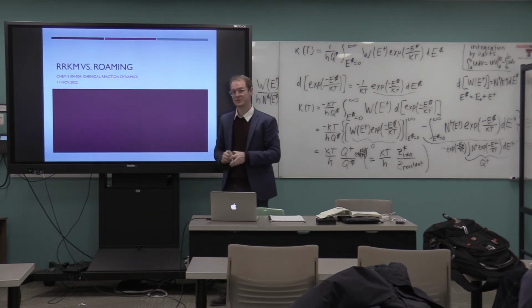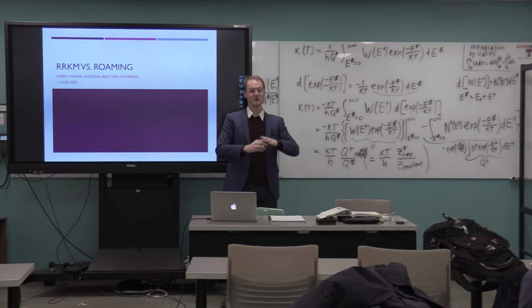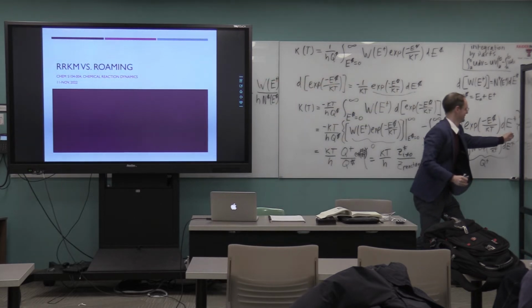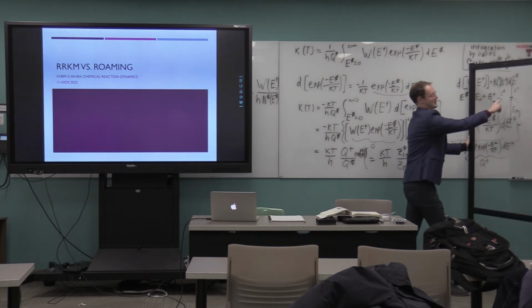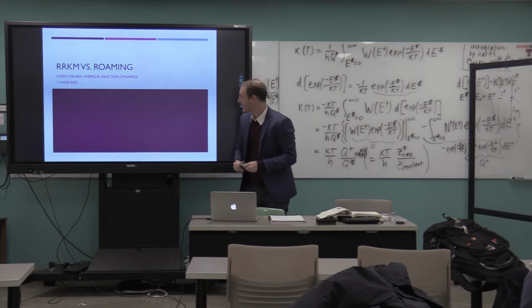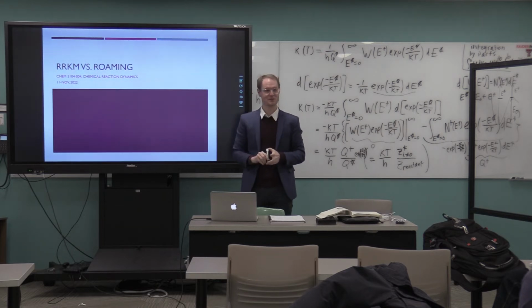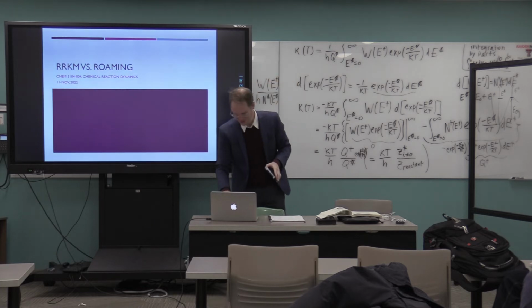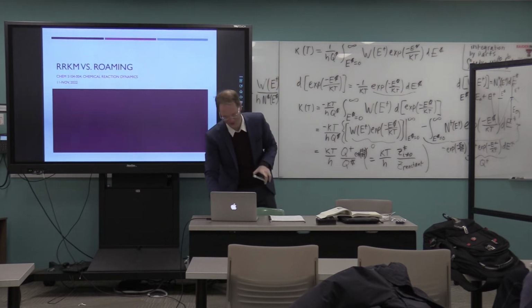And it also assumes that there's only one pathway for the reaction, right? We assumed a particular transition state. But in fact, in real reactions, sometimes there are reactions that break these rules, and I'm going to show you one example in particular.